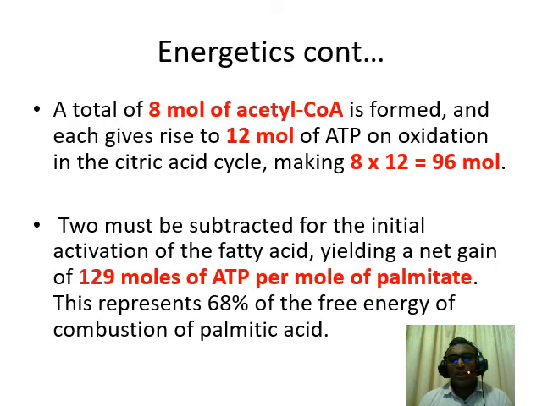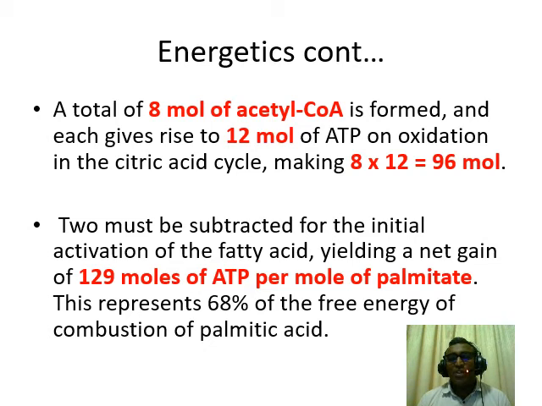Next, we look at the fate of the acetyl coenzyme A. Now that you have 8 moles of acetyl coenzyme A, each undergoing the citric acid cycle will lead to 12 ATP. Remember, the citric acid cycle will give rise to, for each acetyl coenzyme A, 3 NADH as well as 1 FADH2 and also 1 GTP, which equals ATP.